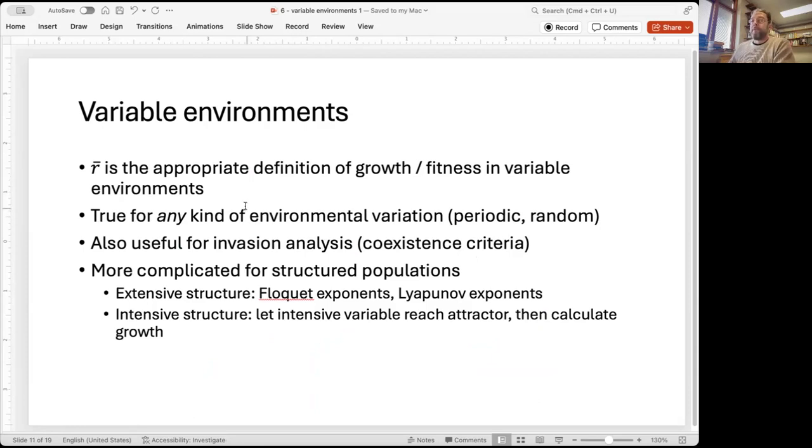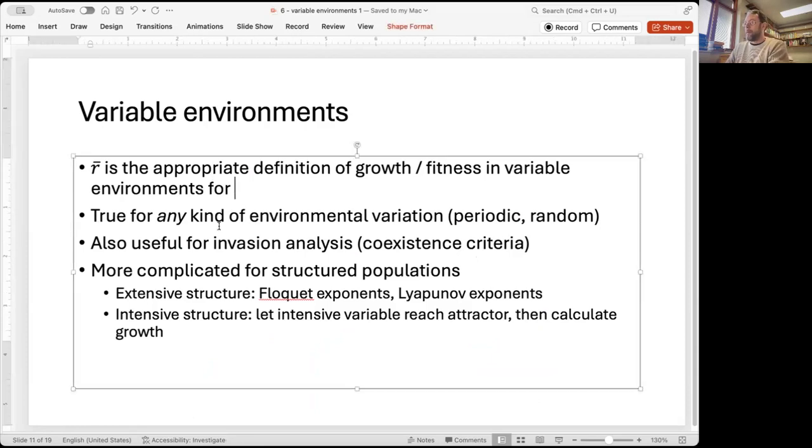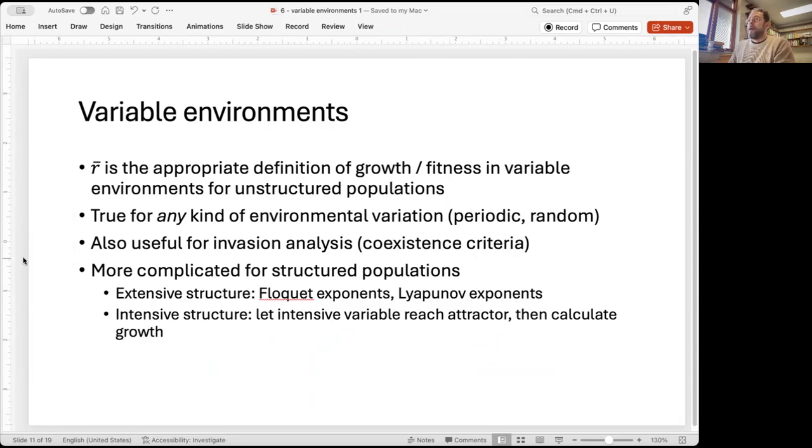And this is going to be true regardless of what type of environmental variation it is, whether it's periodic, whether it's aperiodic, random. This is generally true. Probably if there's a proper mathematician in the audience, they would find some case where it's not true. Maybe if it requires ergodicity, but in general, for everything we worry about, this is going to be true.